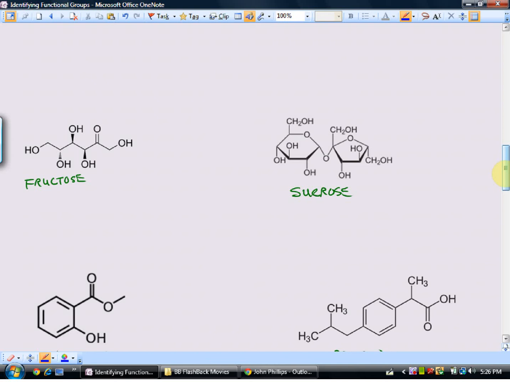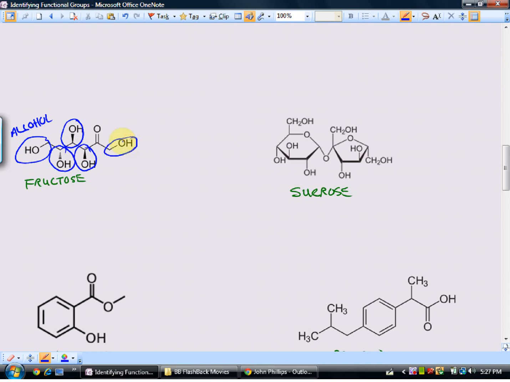What do you see? Well, look here. I've got a carbon, oxygen, hydrogen. That is an alcohol. Matter of fact, fructose has lots of alcohol groups. There's an alcohol group. Don't let the wedges fool you. The wedges or the dashes are just an attempt to show a little bit about the 3-dimensional structure of these molecules. So, lots of alcohols. This is also an alcohol.